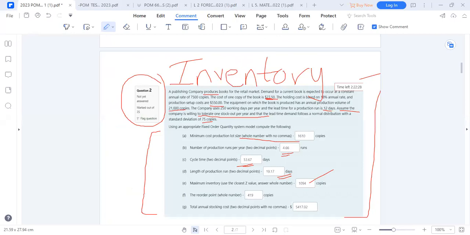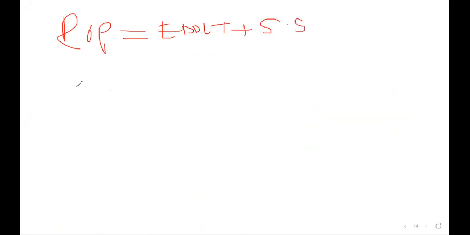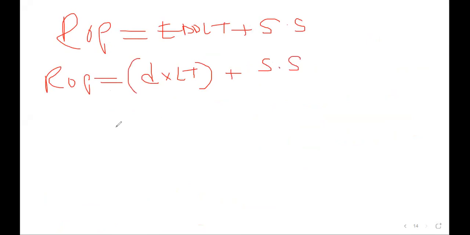Our reorder point is equal to expected demand during lead time, plus the safety stock. So expected demand during lead time is equal to daily demand multiplied by lead time, then plus the safety stock.